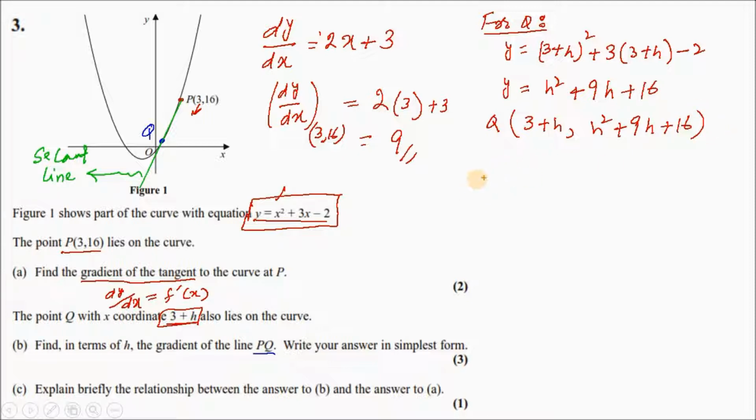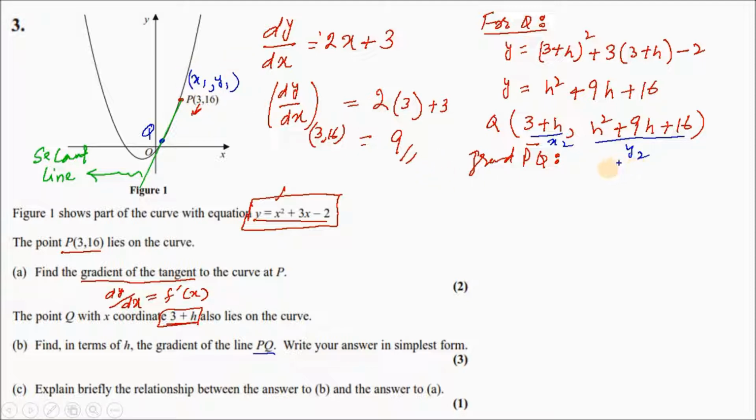And now the gradient of PQ can be found using y2 minus y1, because we now have 2 points. One point is P and the other point is Q. I'm taking this as x2, y2, and this one is x1, y1.